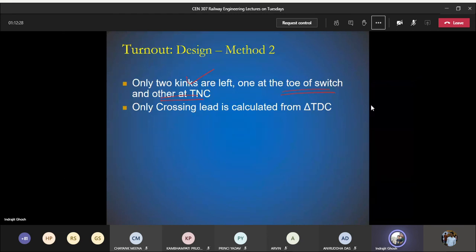So in this case and in the third case as well, we only consider the crossing lead, because we are removing the kink, the intermediate portions are gone. As we have removed the heel of the switch, the switch lead is gone. So when the switch lead is gone, you can visualize that only crossing lead is relevant.